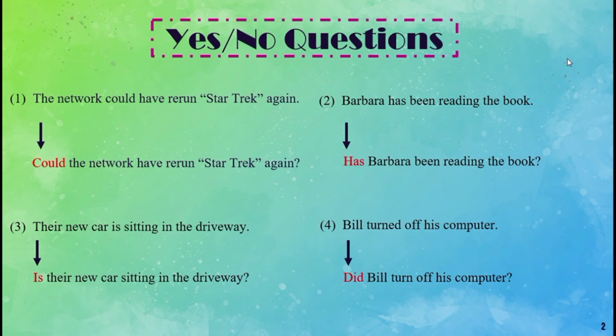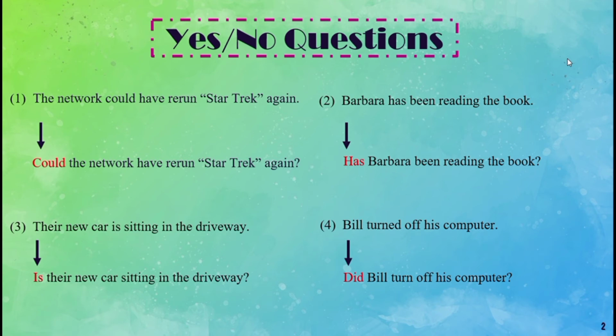Now, I want you to analyze the following sentences first. Alright, these are examples of statements with parallel yes or no questions. Example number 1. The network could have rerun Star Trek again.